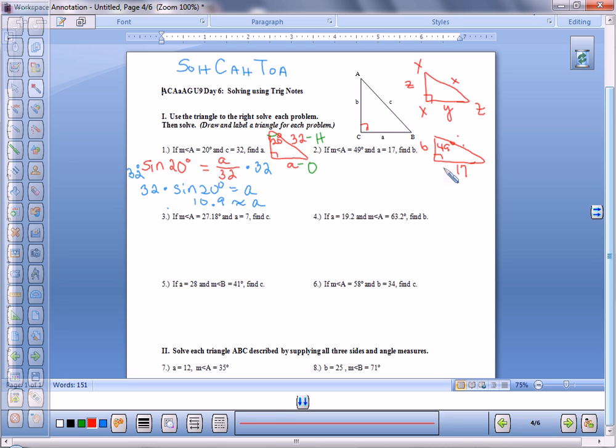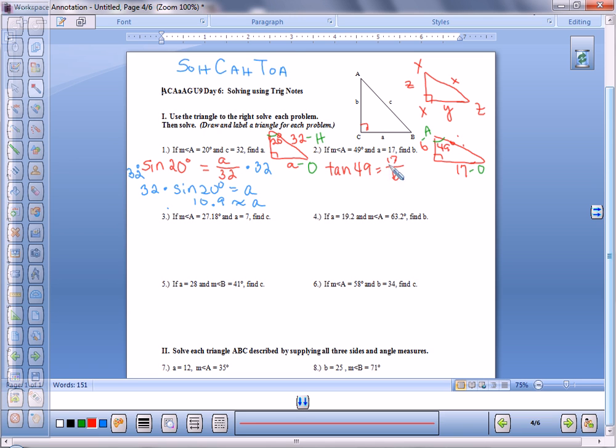Okay, now, in your head, every time you're asking yourself the question that I'm about to say out loud, which two sides am I looking at? Opposite and adjacent with respect to that angle. Then the second question, which trig ratio involves those two sides? Tangent. So tangent of 49 is equal to the opposite side, 17, over the adjacent side, B.